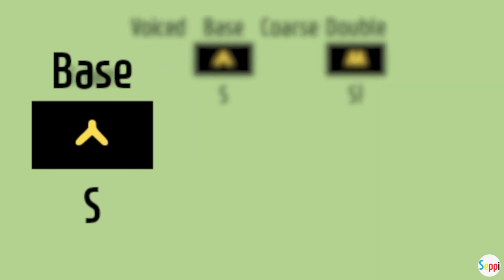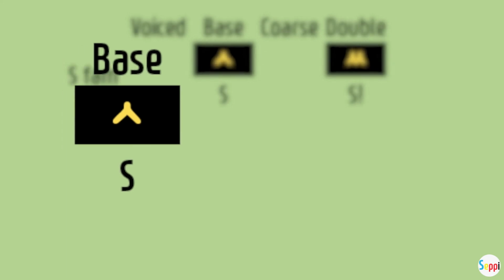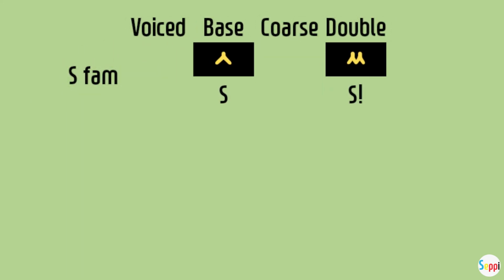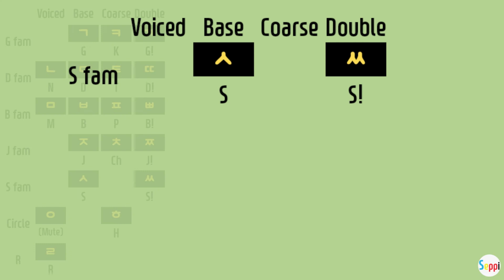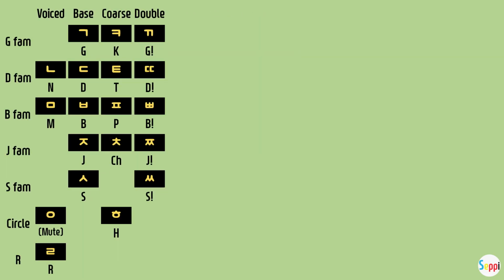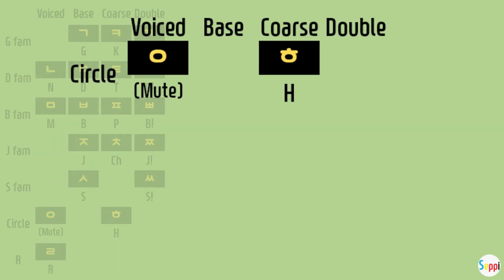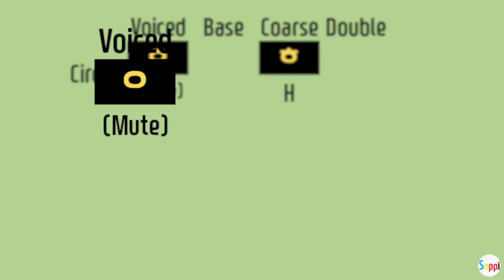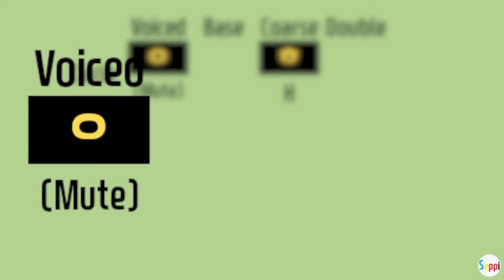Therefore, we have the base S here. The house of the S family has only two siblings, the base and double. There's no coarse one. The base circle, as if its zero-like shape indicates so, is silent, meaning it doesn't carry any sound. It is muted.